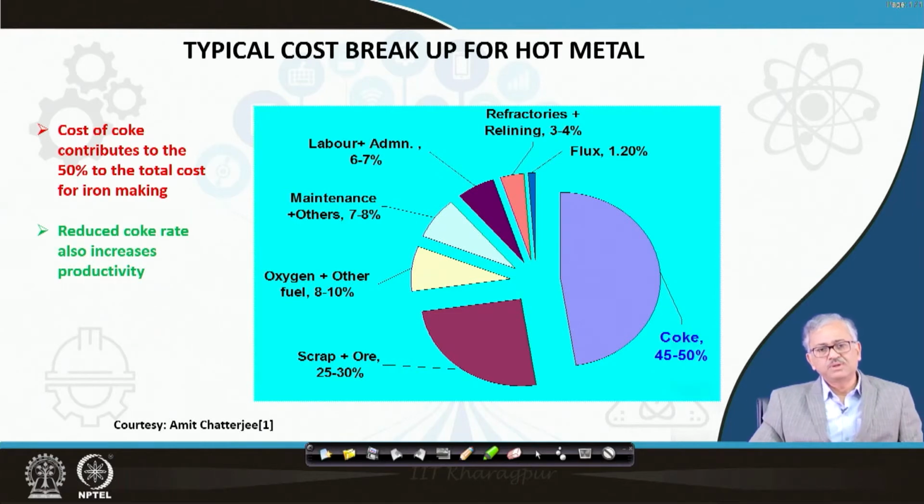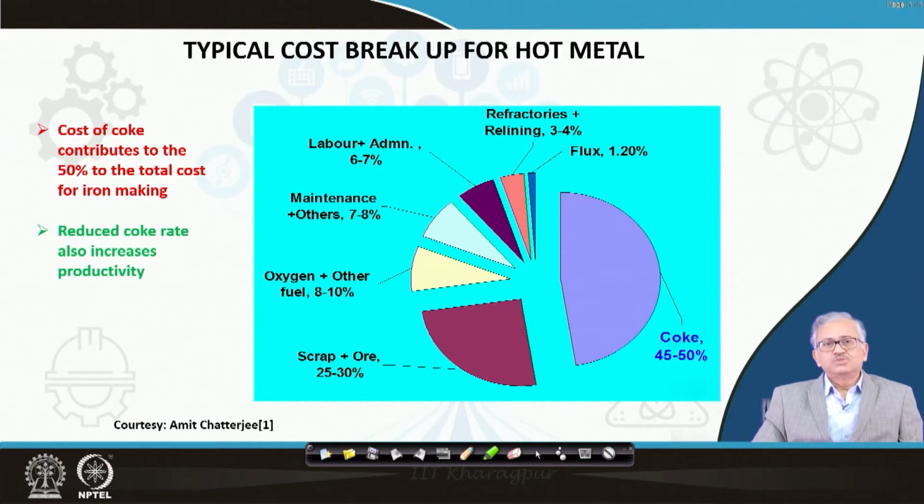If you can supplement the two major functions of the coke, that is the heat generation and the reduction potential of the gas, then to some extent you can reduce the coke rate. But the third function of the coke is to hold the overburden, for which a minimum amount of coke is required.